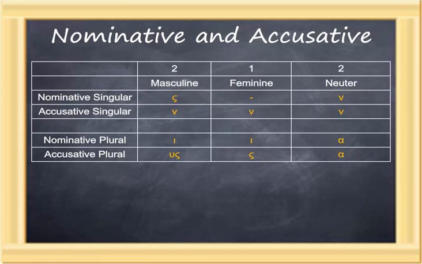So what are the case endings? Now, memorization begins. I've provided for you a chart that shows you the case endings. The chart is organized as follows. The first column is second declension and masculine in form.